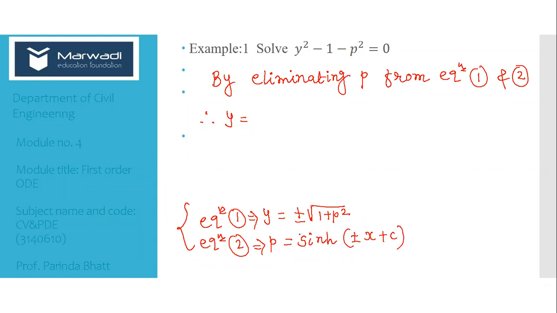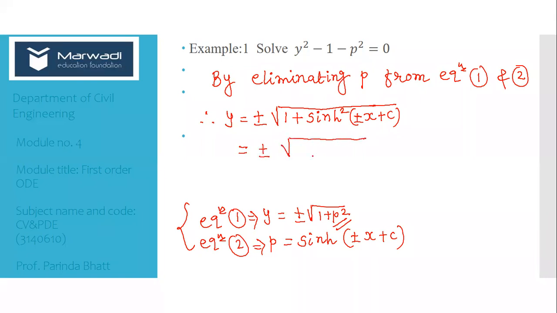Now we apply this value of the p in equation number 1. Therefore, y equal to plus or minus under root 1 plus sine h square of plus or minus x plus c, because of p square. And 1 plus sine h square, this is the cos h square.